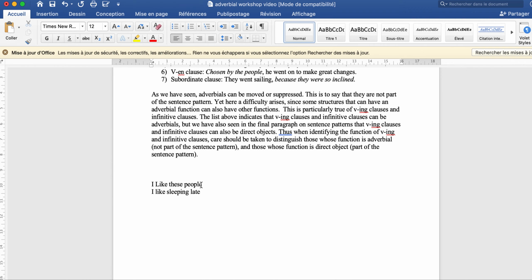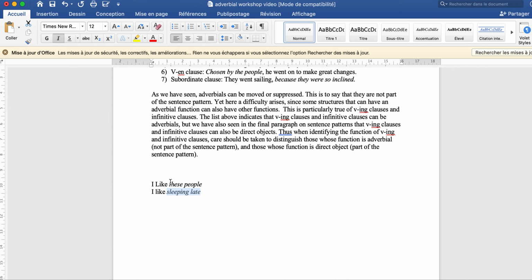Okay, so here let's underline. We're gonna make this in italics, and we're gonna have sleeping late in italics too. So hopefully you can appreciate, I like these people. It's obvious that this noun phrase is a direct object, right? And here we can see that sleeping late is also a direct object, and it is a verb ing clause. So we've seen this before, right?